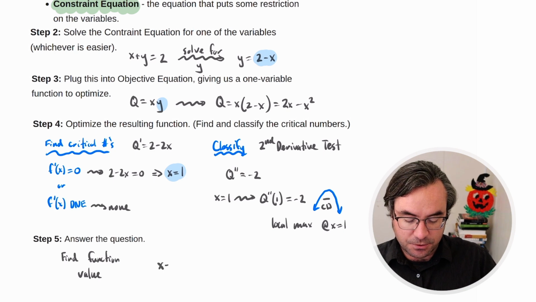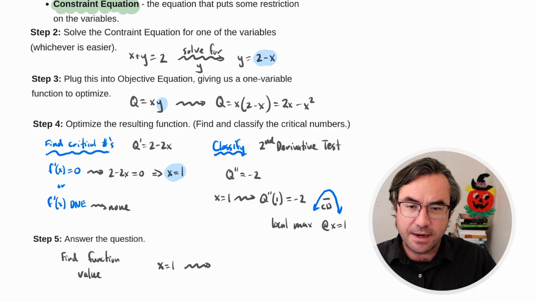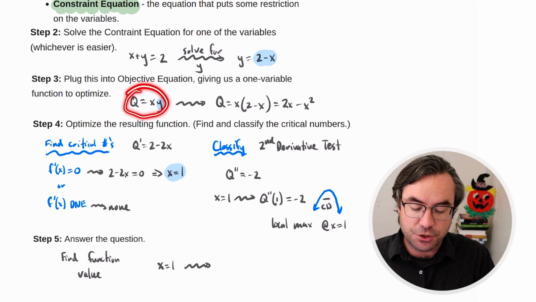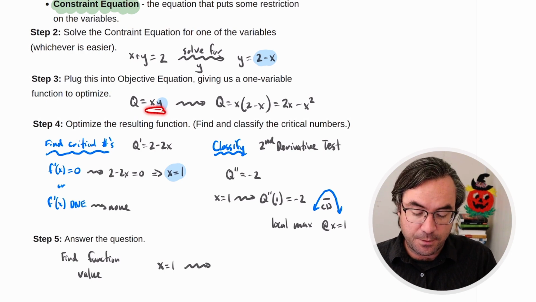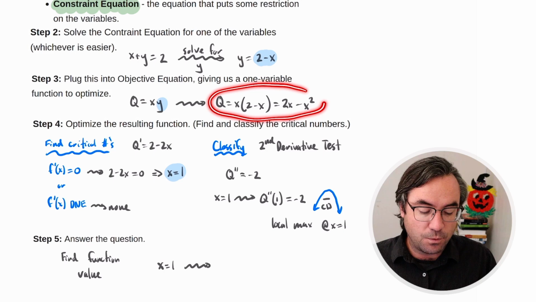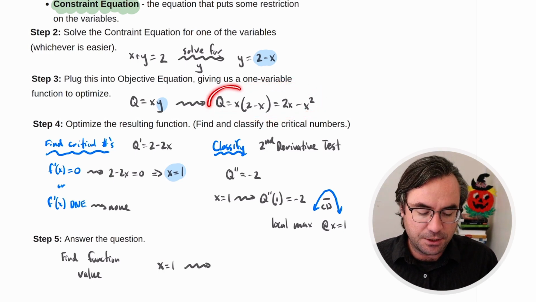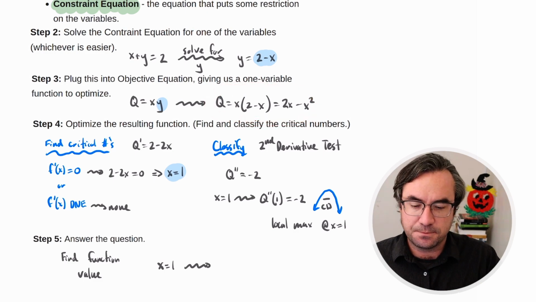So we're going to take our x coordinate and plug that into our one variable function. We have two versions of our objective. We have the two variable version, but then we also have this one variable version where we used our constraint. So easier to use this one variable version.